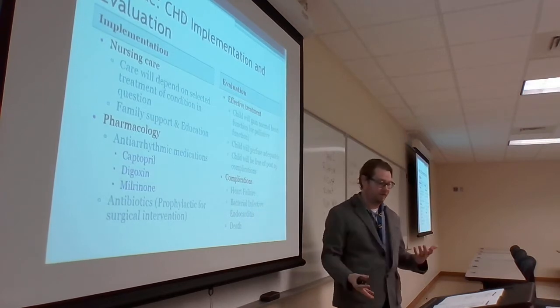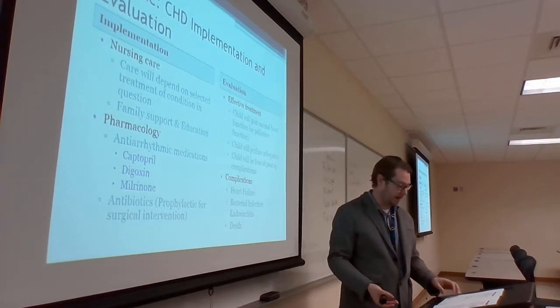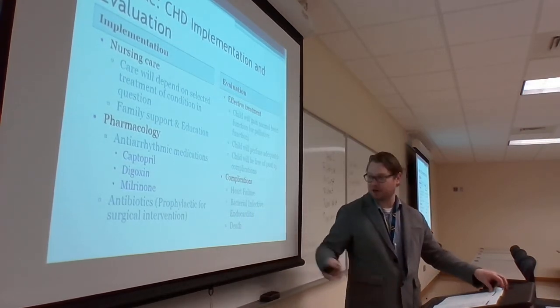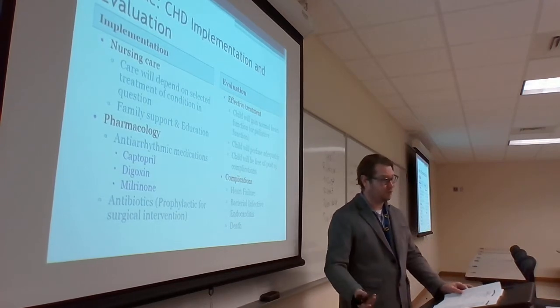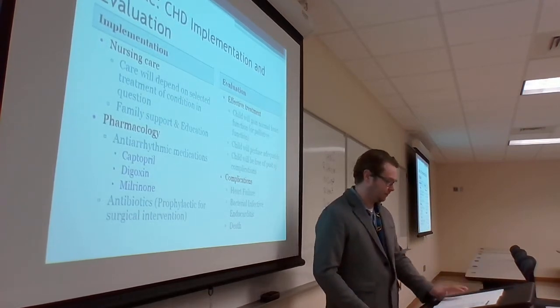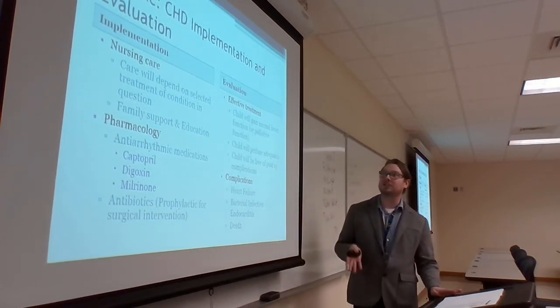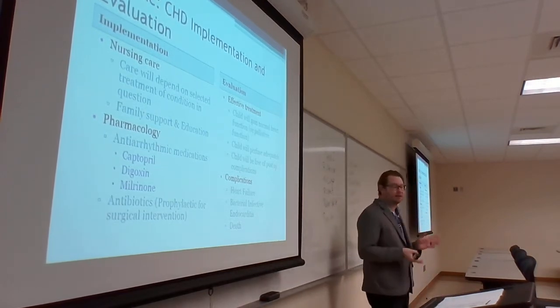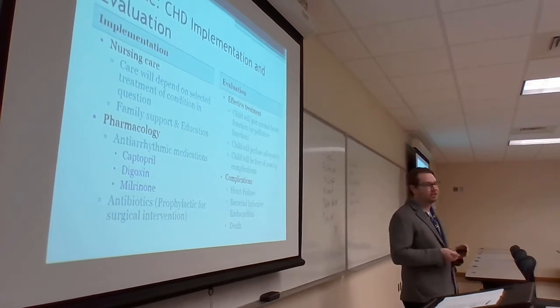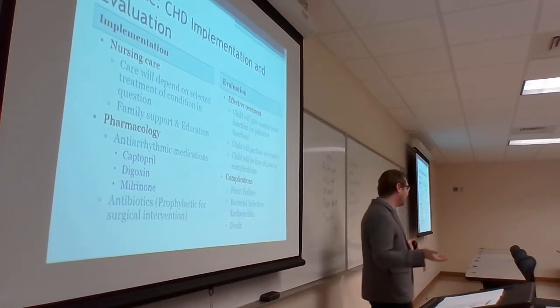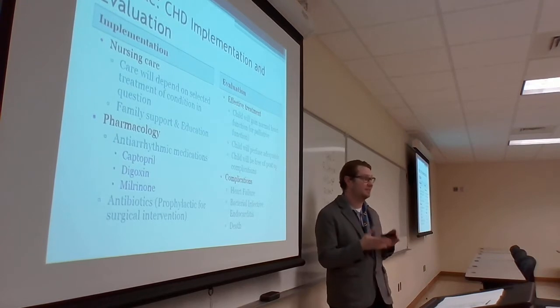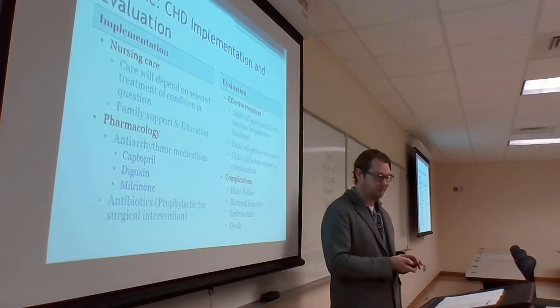Our complications are heart failure, endocarditis, which is one of our exemplars, and death, right? 25% of infant deaths. So, substantial. Questions on our basic cardiac implementation and evaluation? It's hard to go basic with this because you really have to think about the specific conditions.